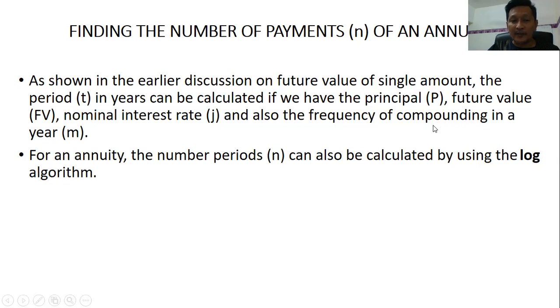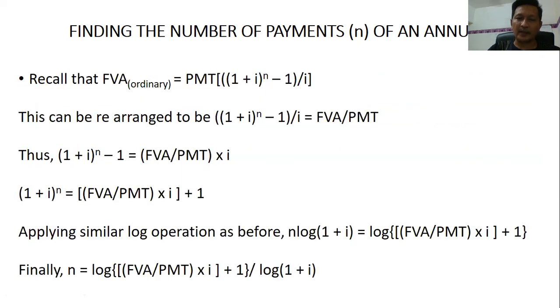Now, for an annuity, the number of periods N can also be calculated, but in this case, it is not that straightforward. Okay, we have to use what we call the log algorithm. Now, don't be intimidated by the term log, because it is actually our friend.